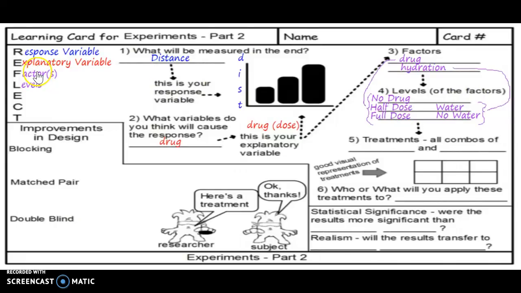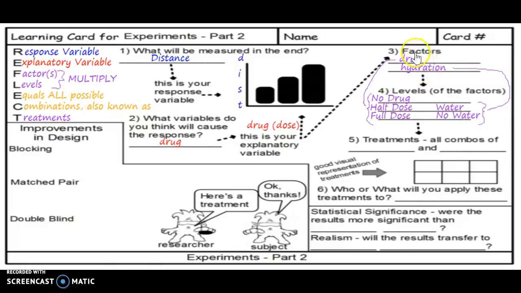Now I want to point out that if we multiply the number of factors times the number of levels, that leads us to something called the number of treatments. So I'm going to fill in E, C, and T all together. This actually forms one big sentence. So when we put all this together, what we can say is this: the factors times the levels equals all possible combinations, which are also known as treatments.